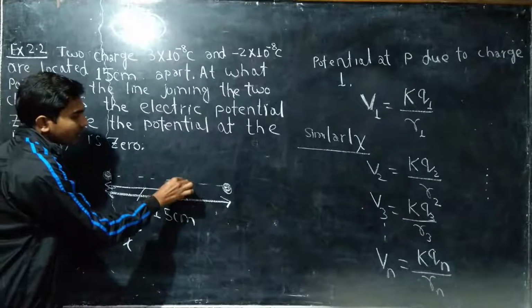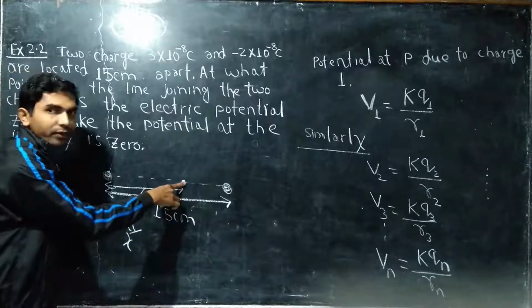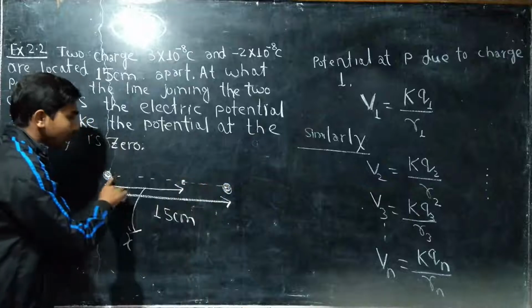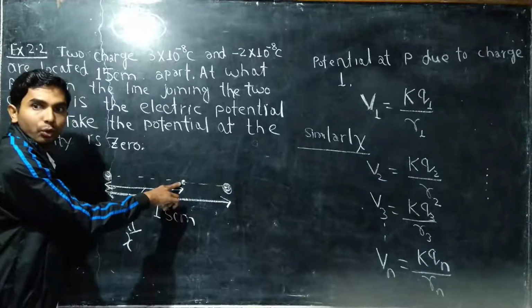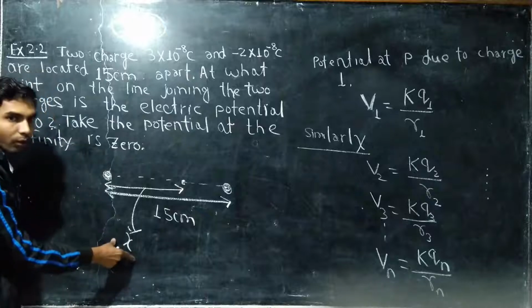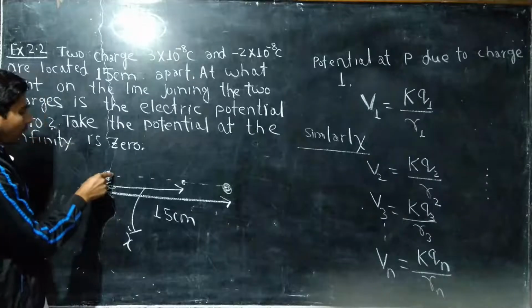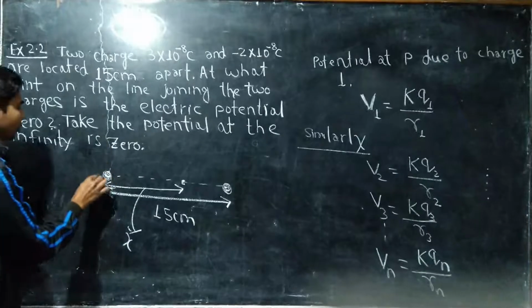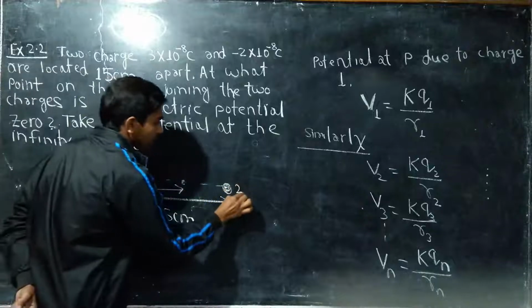At this point the potential is due to this charge as well as this charge, so the total potential is 0. We have to find the value of x. Suppose this one is the first charge and this is the second.